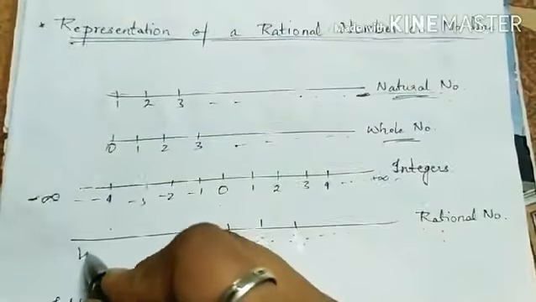Is it a positive or negative rational number? Since there is no negative sign over here, neither in numerator nor in denominator, it is a positive rational number. That means the rational number will be on the right side of the number line, from the 0. And if it is a negative rational number, it will be on the left side of the number line.